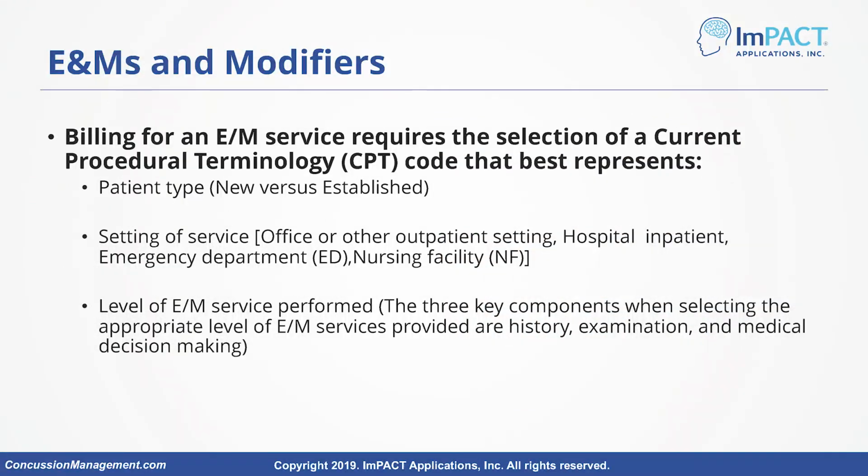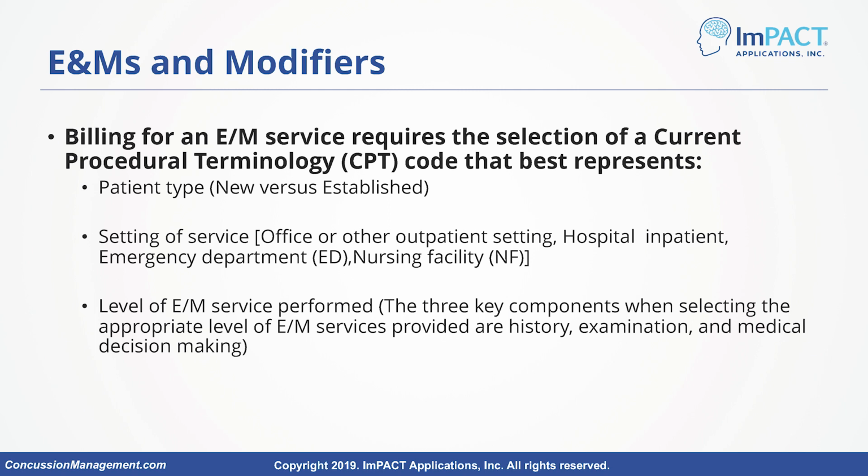Most of you are familiar with the fact that these codes oftentimes get paired up with E&M codes, which are evaluation and management of the patient codes, through what's called a modifier. Billing for an E&M service requires the selection of a CPT code that best represents what you did.